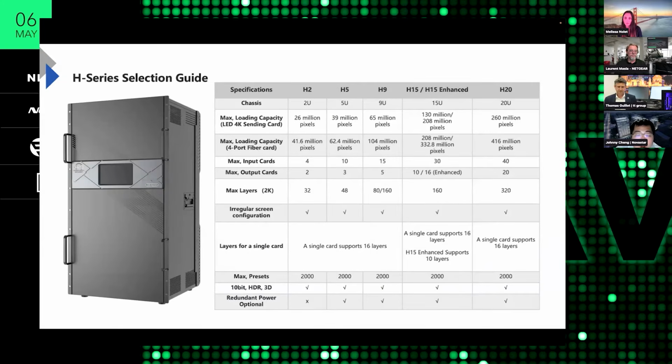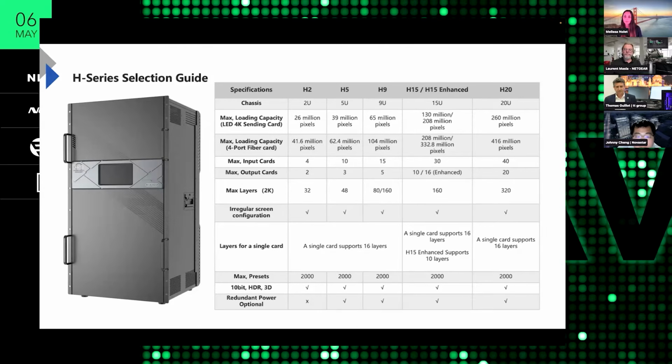Here is the parameter sheet to show the different capabilities of the H series, from the H2, H5, H9, up to the maximum size, the H20. You can see the H series has many slots for flexible design of your input and output cards, and each card supports many kinds of layers for your solution.